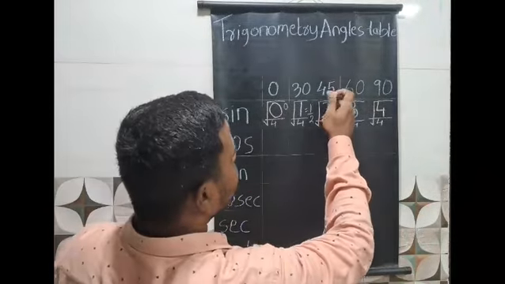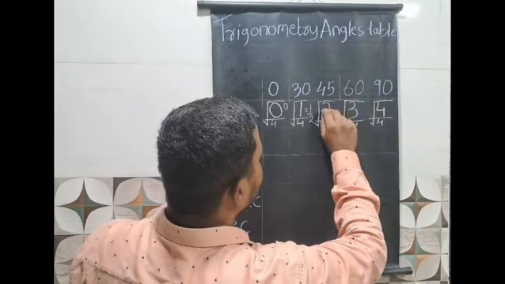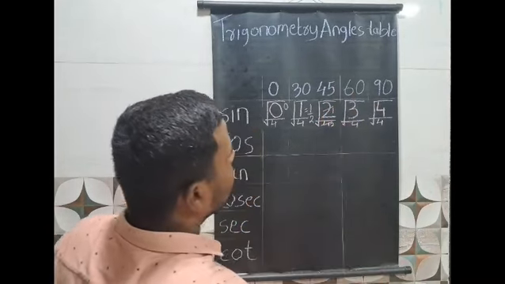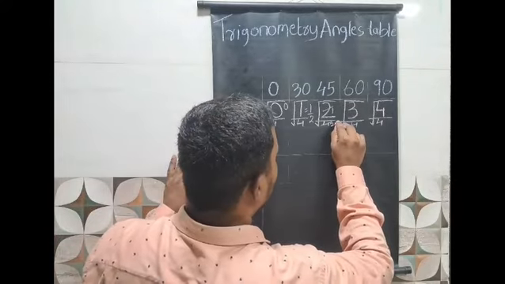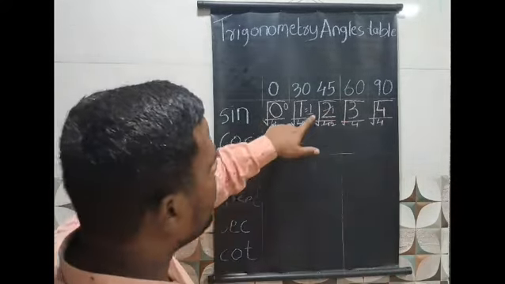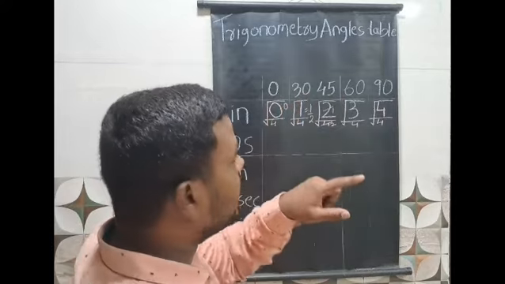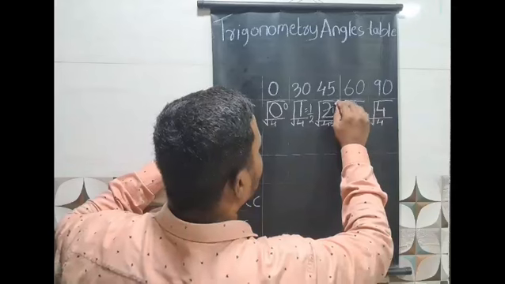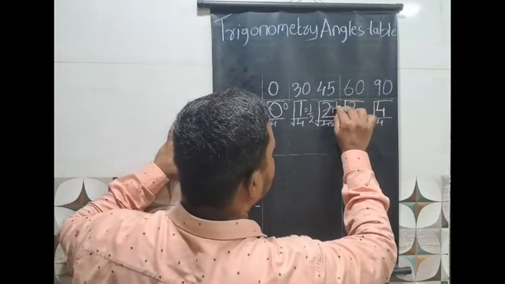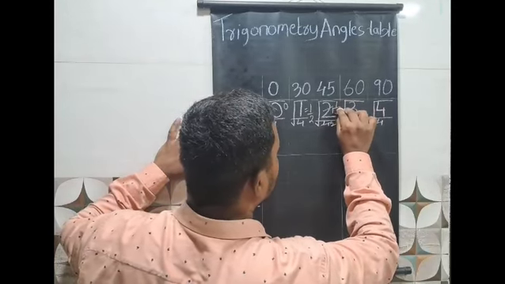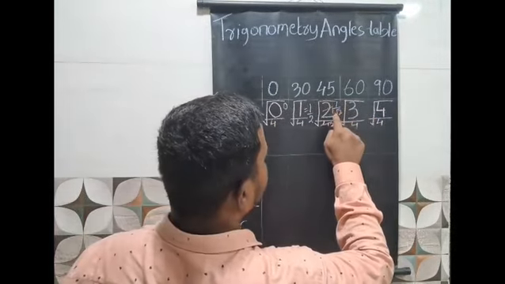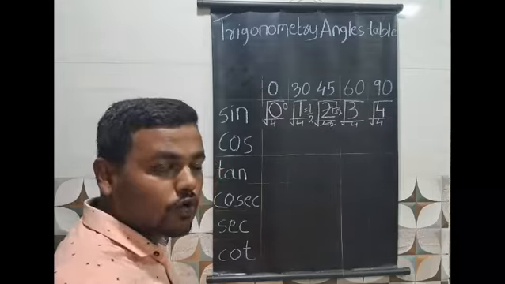Going further, we will cancel the 2: one 2 is 2, two 2s are 4. Second, we have the square root over here. The square root of 1 is 1 and the square root of 2 is simply root 2. So we'll write this as 1 upon root 2. So sine 45 is 1 upon root 2.